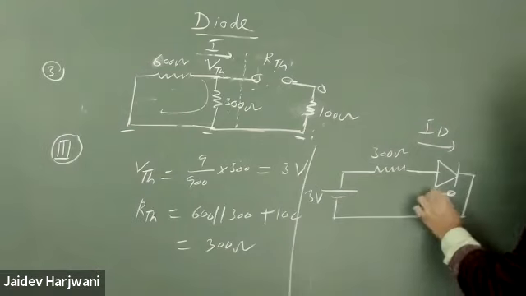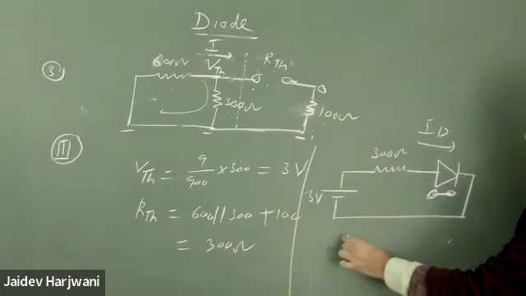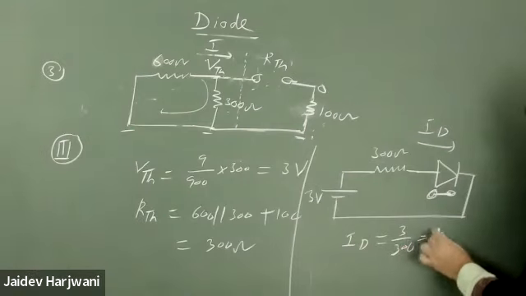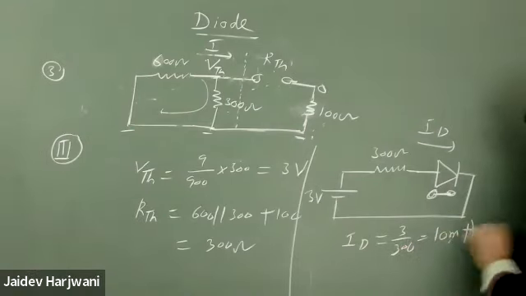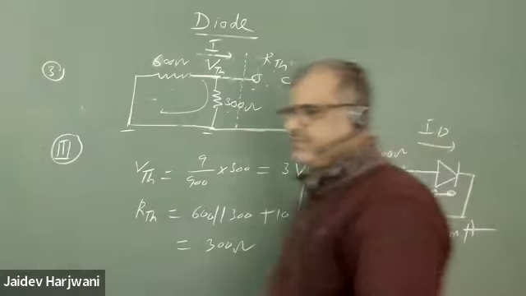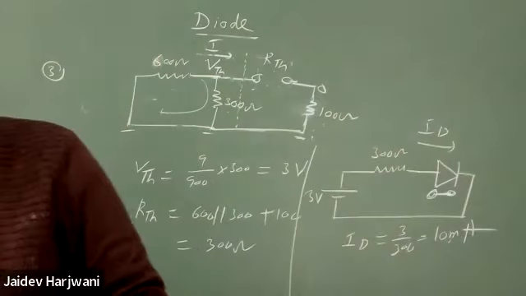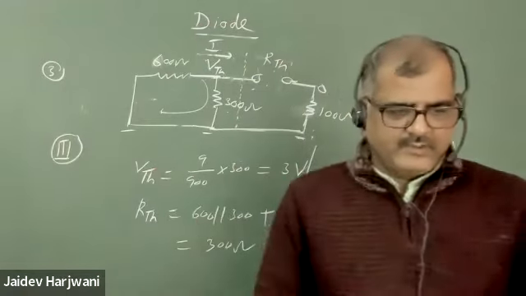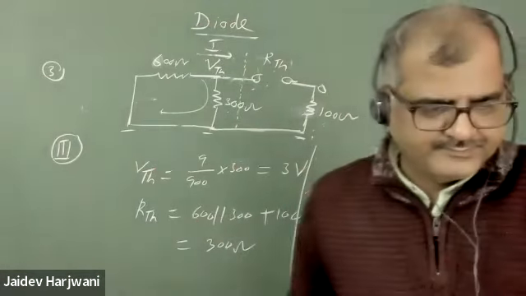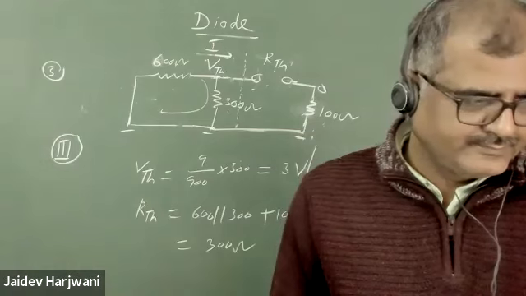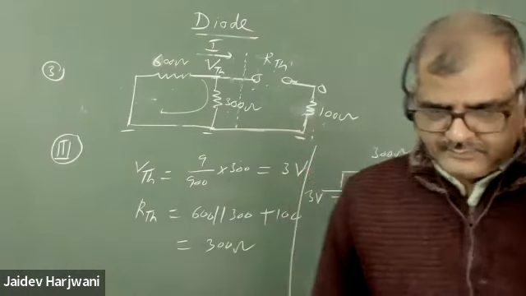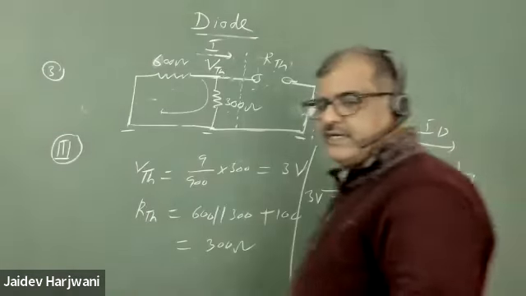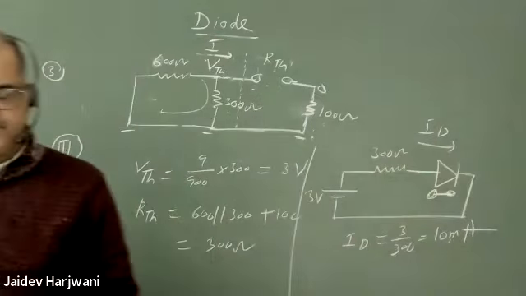So again, you will be having ID equals 3 upon 300, so 10 milliampere. Clear? Any doubt in this question?